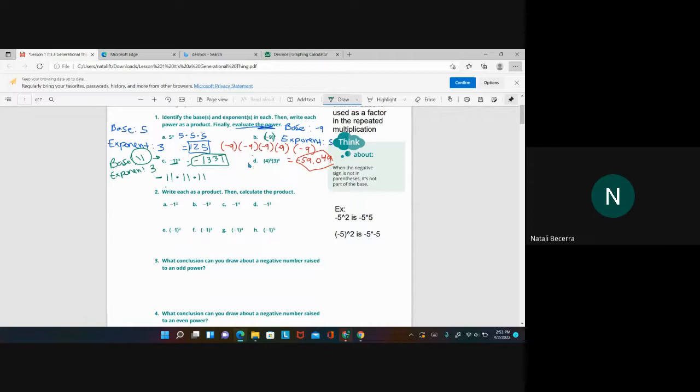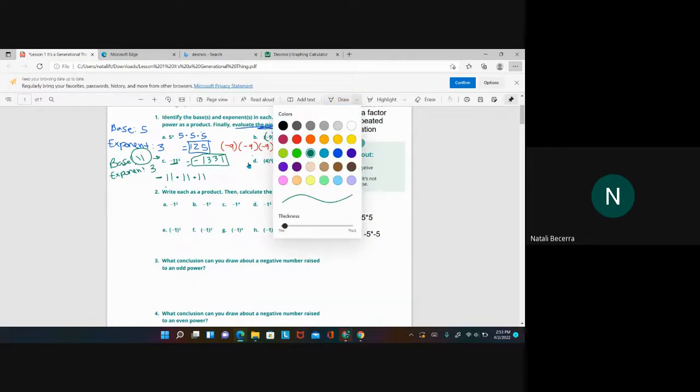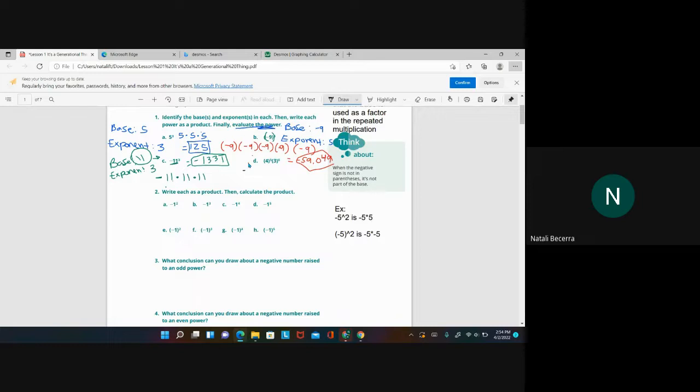All right, now for this one, let me change the color. Let's do black. What is my base here? Well, let's look at this one first. My base for the 4 is just 4, right? And then the exponent here is 5.